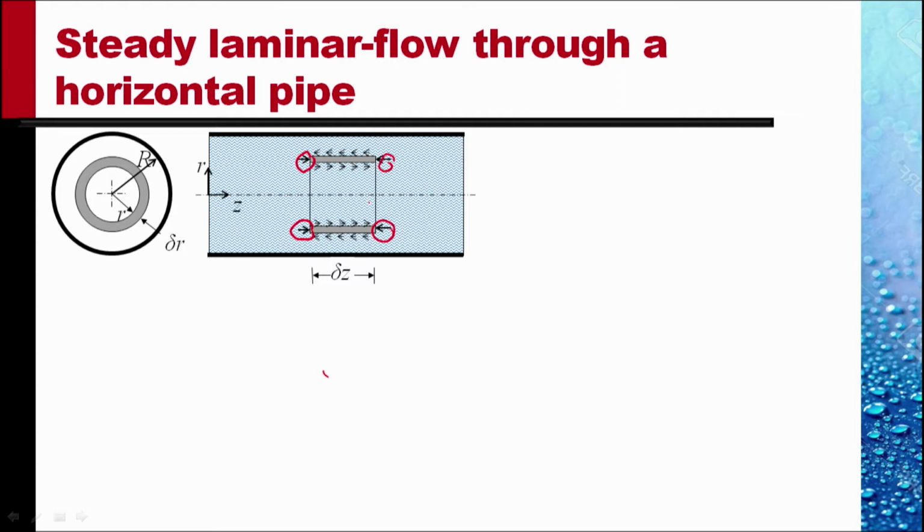On the inner surfaces, the shear stress would be towards the right because fluid inside this ring would be moving faster than this fluid, so the shear stresses would tend to pull it towards the right, but the shear stresses on the outside would be to the left, trying to slow it down.